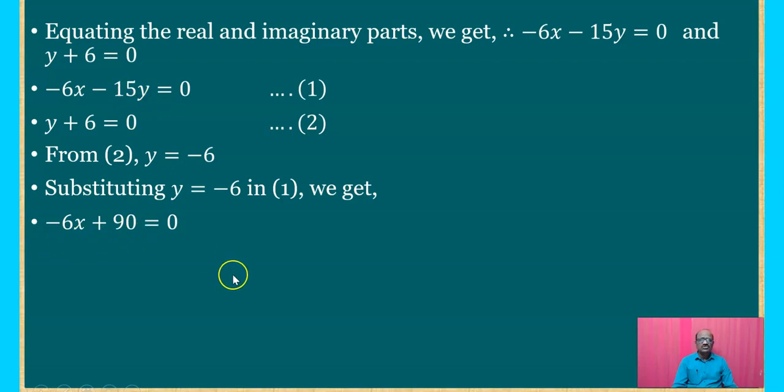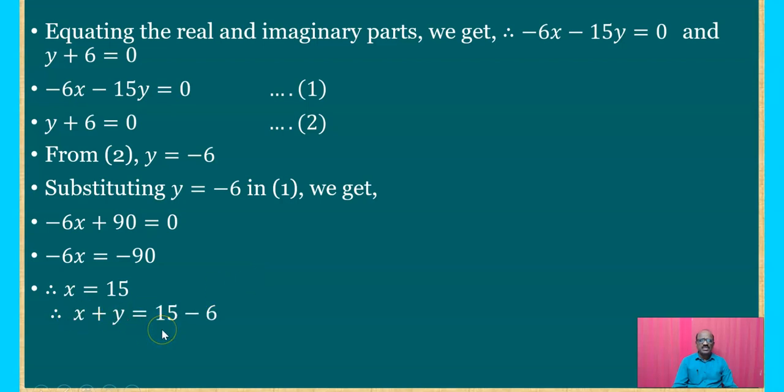Therefore, 6x is equal to 90. That is 6x is equal to 90. Therefore, x is equal to 15. And hence, x plus y is equal to, the value of x is 15 and y is minus 6. That is 15 minus 6, that is equal to 9. Therefore, x plus y is equal to 9.